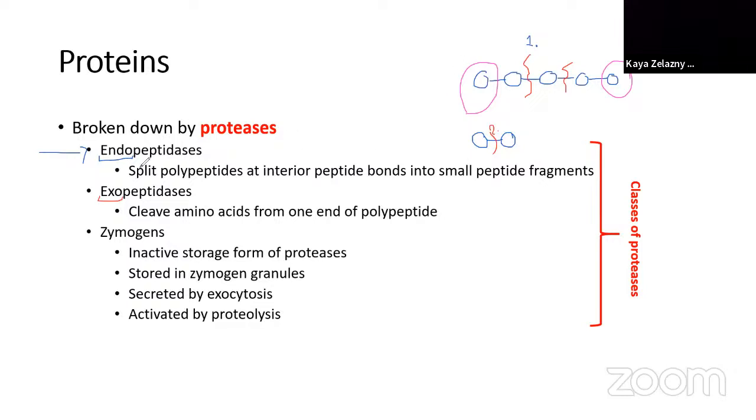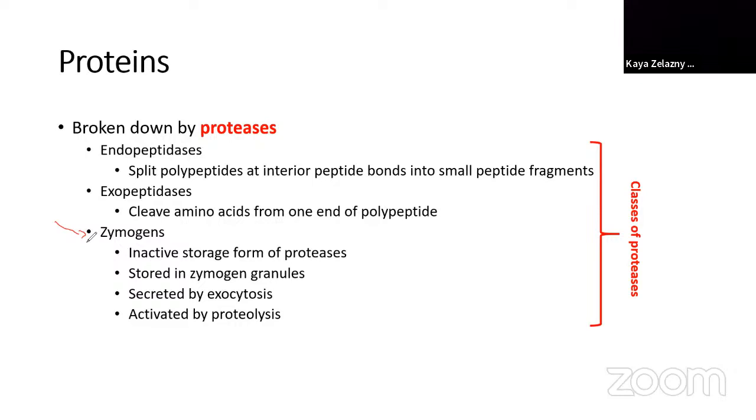So we're going to see these two types of proteases working in concert, working together in order to break up our polypeptides. The other thing that we're going to need to be aware of, that we kind of think of as a class of protease, are our zymogens. But they're a little different than the endopeptidases and the exopeptidases.